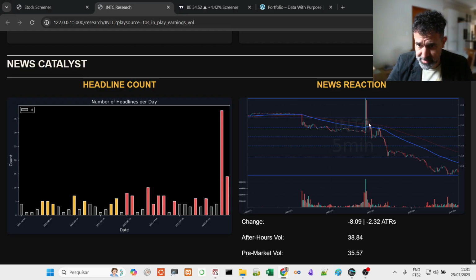And right here we can see the reaction in after hours and pre-market today. So it's visible to actually see how the news reacted and how much in terms of ATR it has moved.